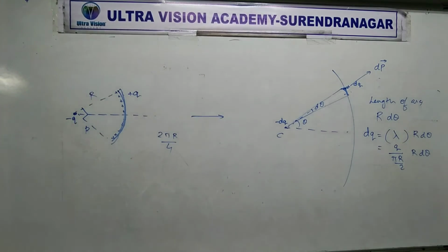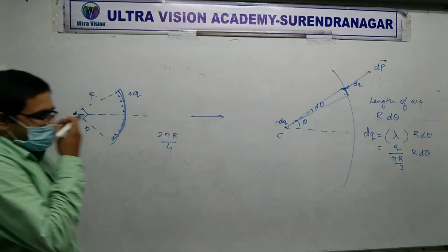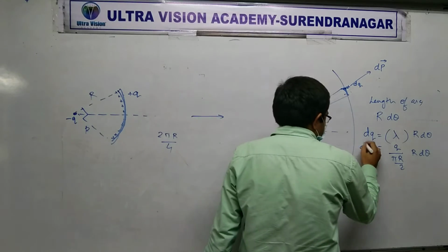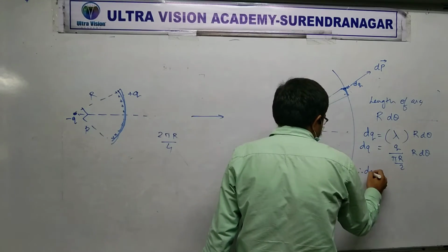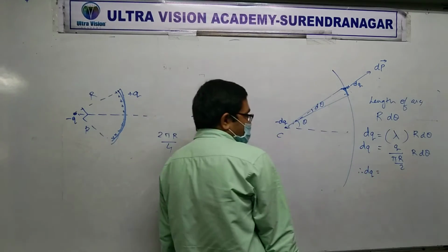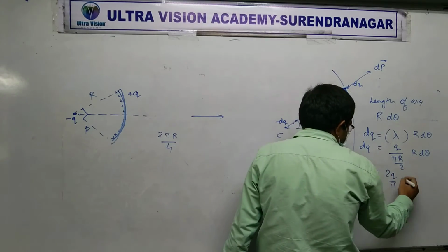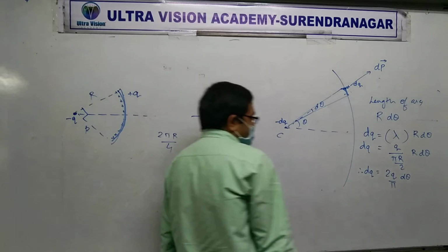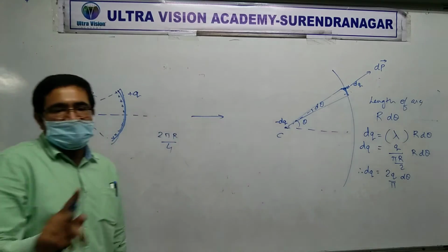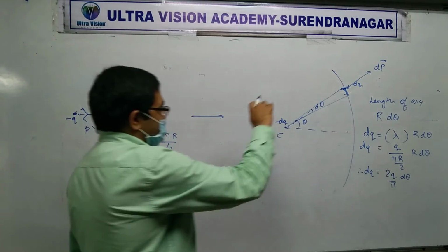Lambda equals charge upon length, and the length is pi r by 2. So this is dq, and it works out to 2q by pi times d theta. Q is a constant here because q is the total charge.